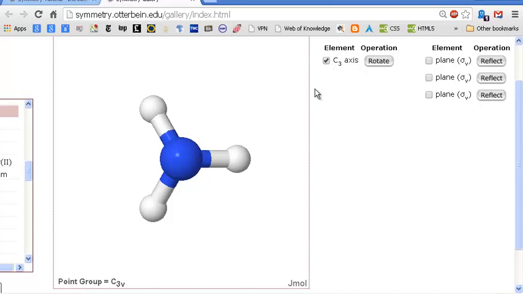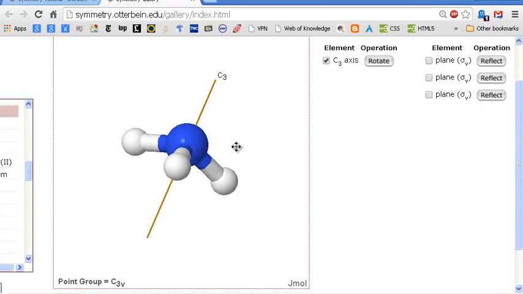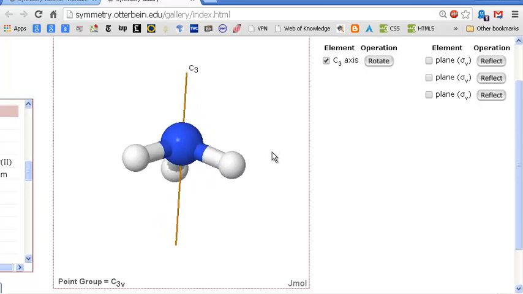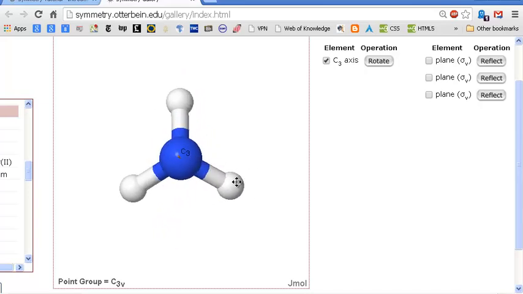Let's look at the C3 axis. Here's the C3 axis, and now we'll put the C3 axis coming towards you. If we rotate this by 360 degrees divided by 3, that's 120 degrees, we'll get the same molecule back. Here comes the rotation. That's a counterclockwise rotation.